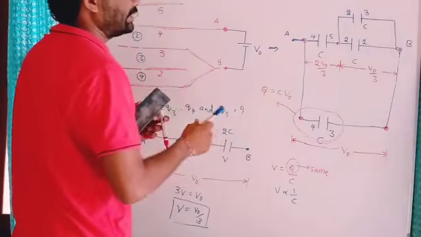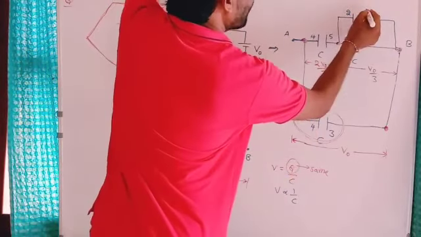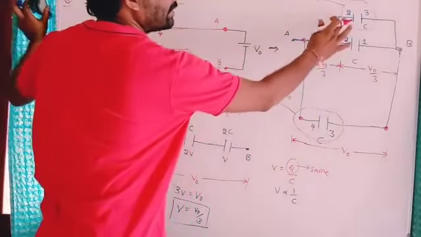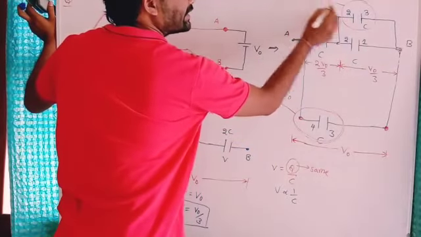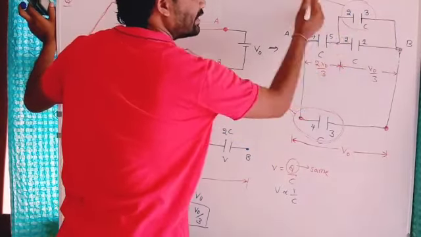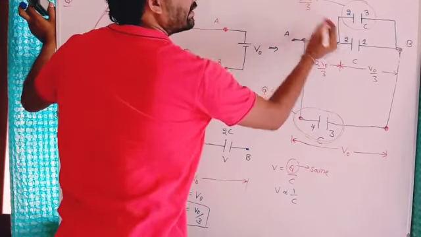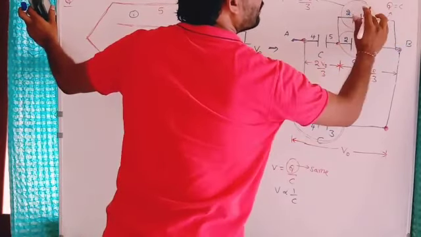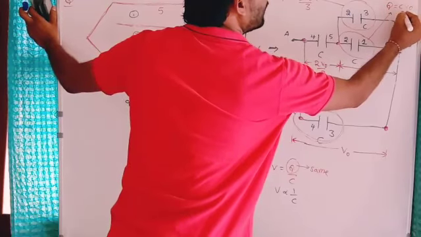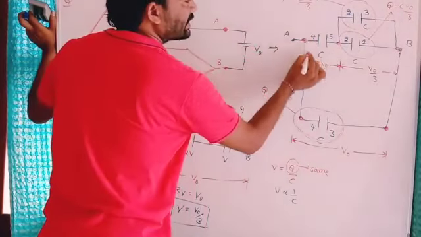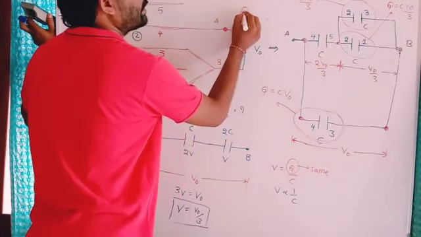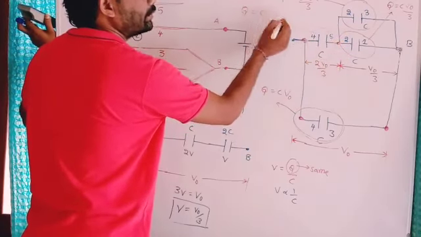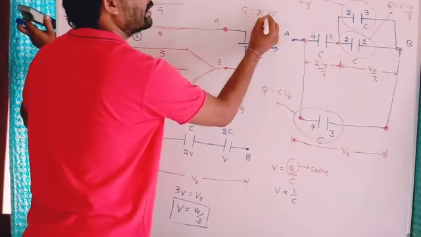Now you can write the charge on this capacitor. Q equals its capacitance and its potential difference, that is CV naught by 3. The charge on this capacitor is also the same, CV naught by 3. And the charge on this capacitor is Q equals its capacitance times 2V naught by 3, so 2CV naught by 3.